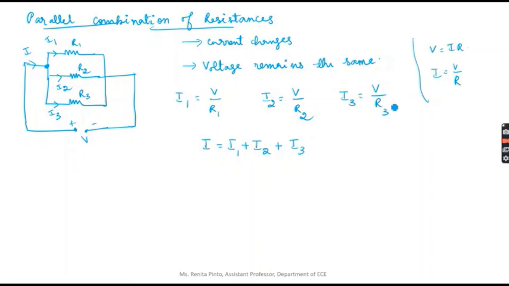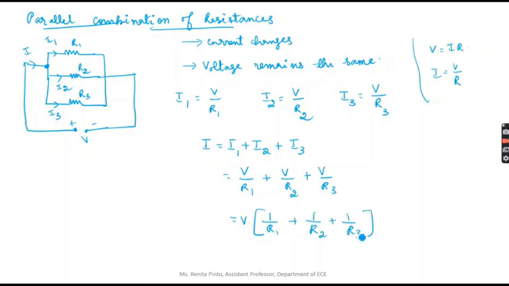Now let me substitute I1, I2 and I3. What will it be? V by R1 plus V by R2 plus V by R3. If you take V common, you will be left with 1 by R1 plus 1 by R2 plus 1 by R3, which is equal to I. So I is equal to V by Rp.